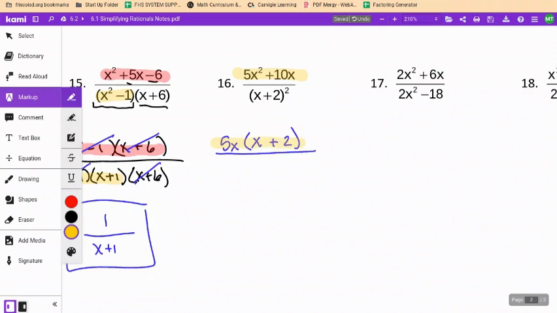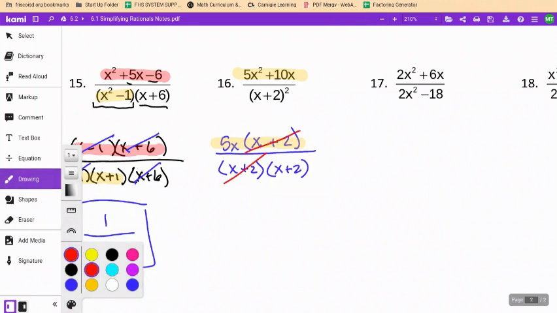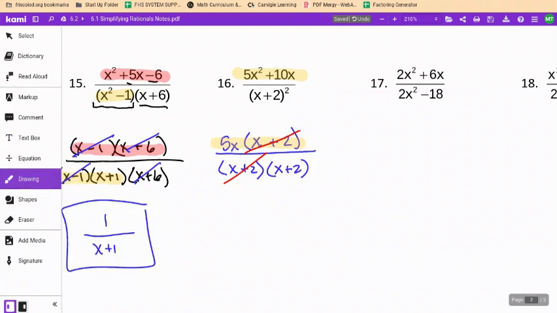And then the denominator doesn't really need to be factored, but I'm going to go ahead and do this twice since it's squared. Okay, so x plus 2 squared means I have x plus 2 times x plus 2. And now I can simplify that with one of those. Okay, I know they're the same, but you can only do one for one. And my final answer is 5x over x plus 2.